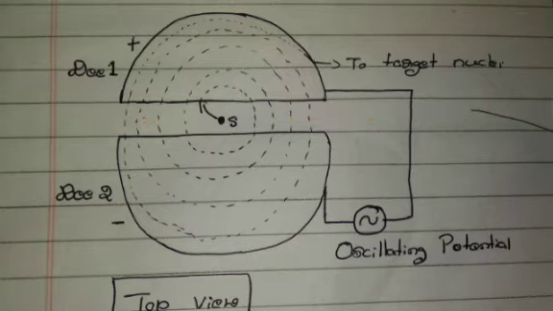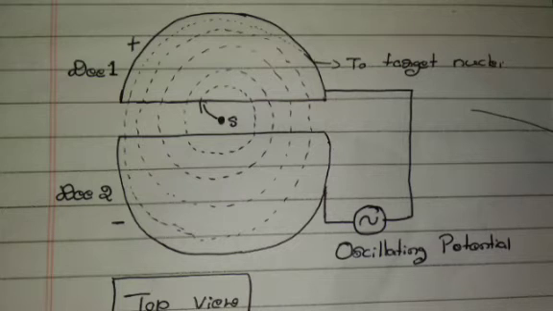In that gap, when we start applying the frequency from the oscillator, a potential difference is created between these two D's, and so an electric field is generated.